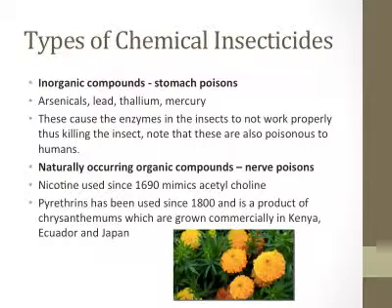Down here we actually have another one. Pyrethrins, which I can't pronounce right, has been used since 1800 and is a product of a certain type of plant, which is grown commercially in Kenya, Ecuador, and Japan. Sometimes just growing this plant alone will help prevent the insect, because if the insect lands on this plant, it'll give them side effects, so then they'll just move away.